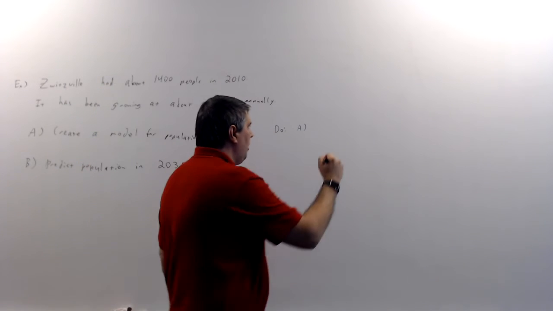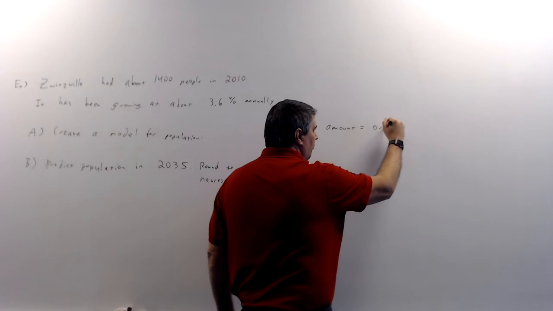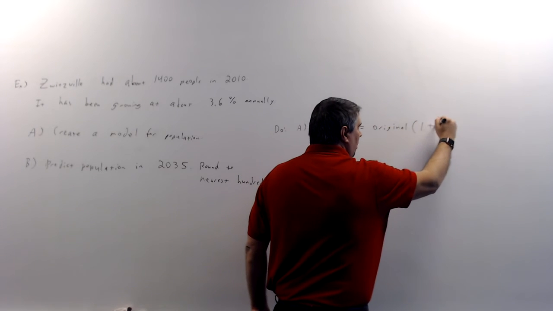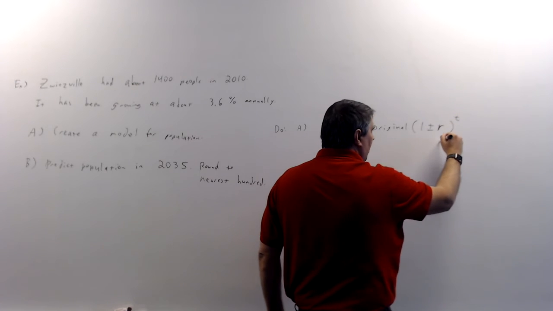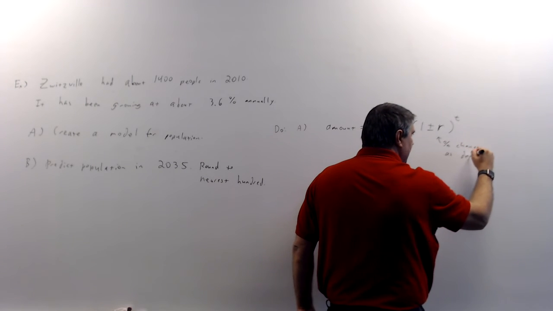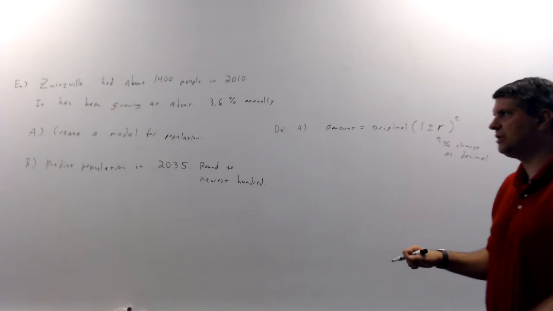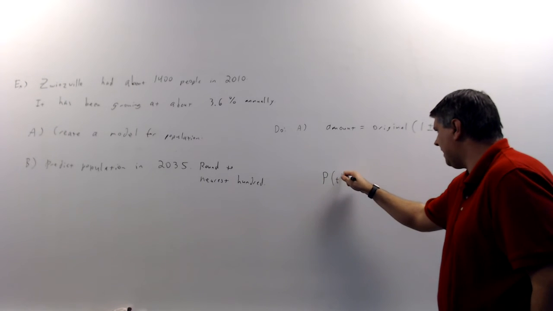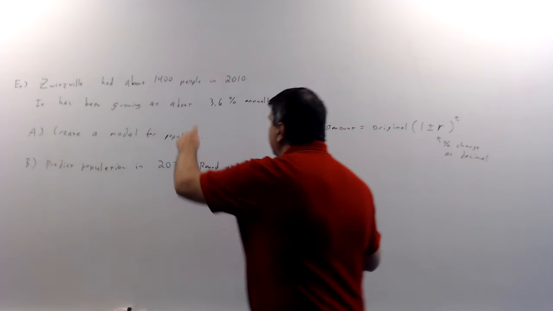So, amount equals original times 1 plus or minus r to the tth power, where r is percent change as a decimal. Since we're doing population, we could either do capital P or capital P of T. I propose capital P of T. So the original amount is 1,400.